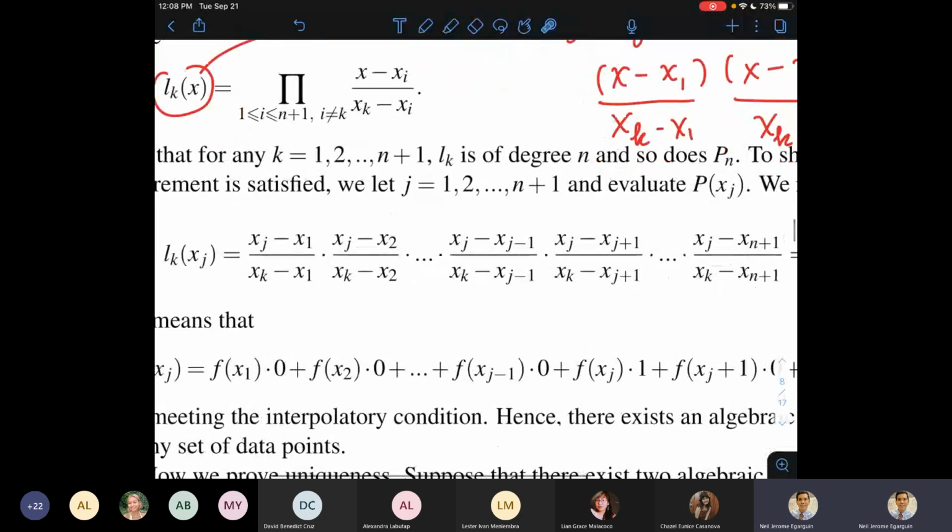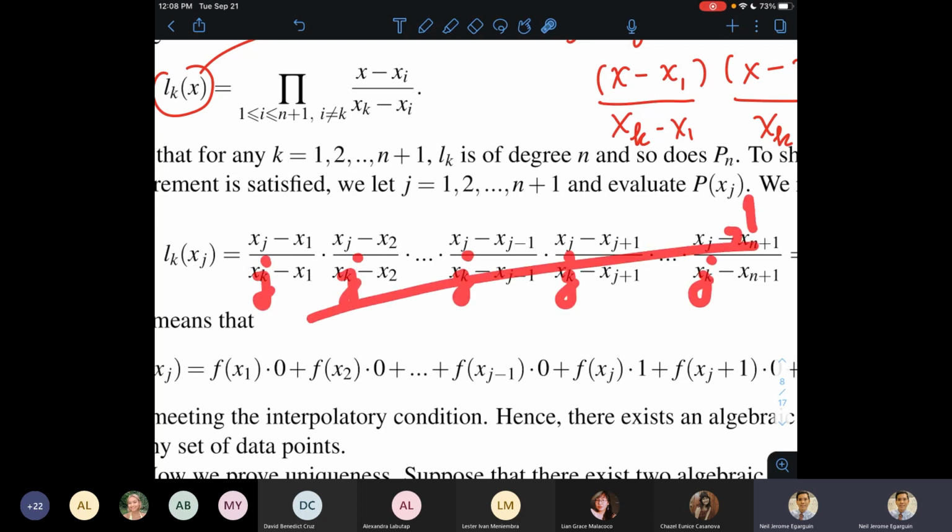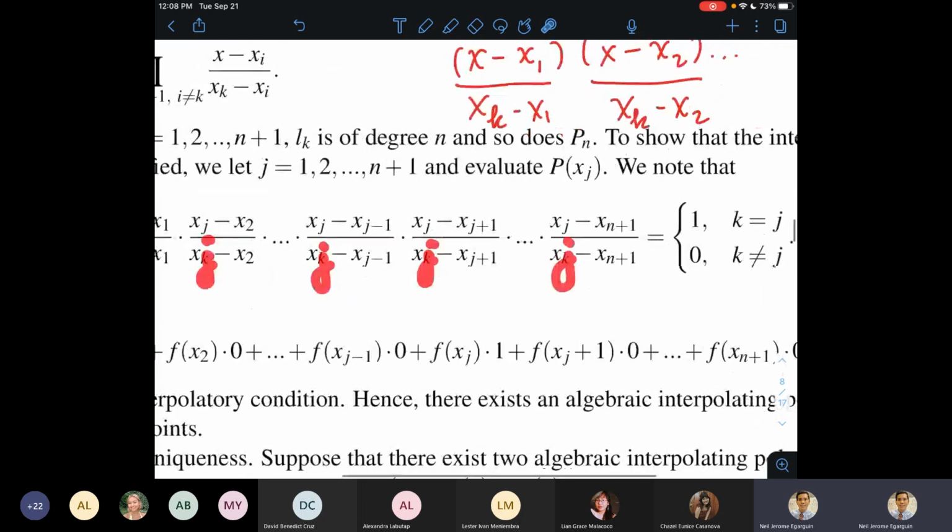If k is equal to j, ibig sabihin ito ay j, ito ay j, ito ay j, ito ay j, ibig sabihin lang lahat ng ito ay magiging equal kay 1, right? Kasi yung denominator magiging exactly the same as their numerator. So if k is equal to j, then 1 lang yung value ng Lagrange polynomial.